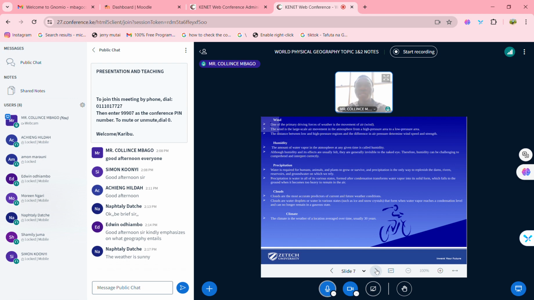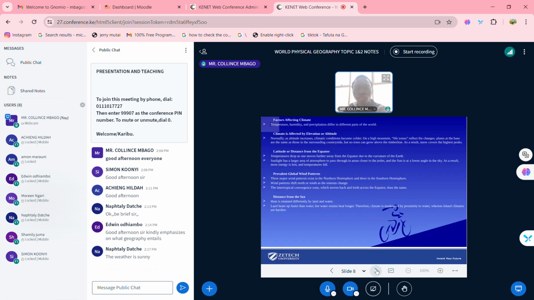So weather is the daily conditions that occur within the Earth's surface. Then we have the climate, which is the average condition that occurs within a period of 30 to 35 years. So we have looked at the factors affecting weather and climate. Now we look at how climate is affected.